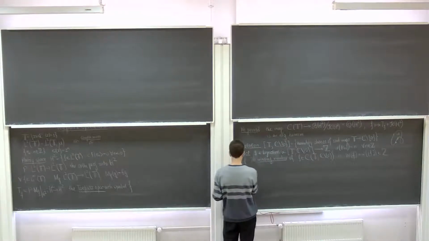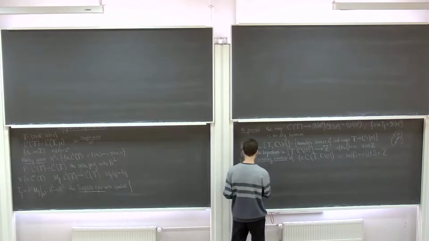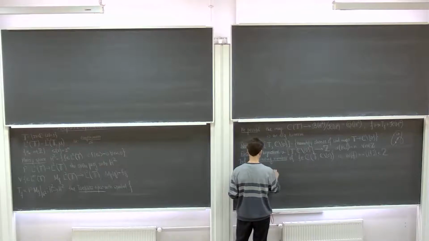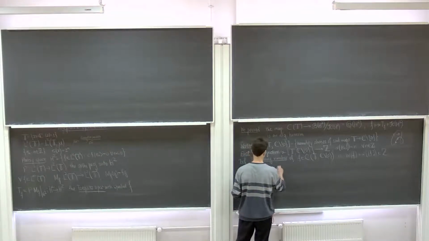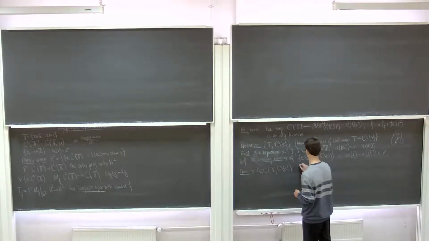Okay, and now we are ready to prove our main result, which gives us a nice index formula for Toeplitz operators. So I claim that for each non-vanishing continuous function f on the circle, the respective Toeplitz operator Tf is Fredholm.